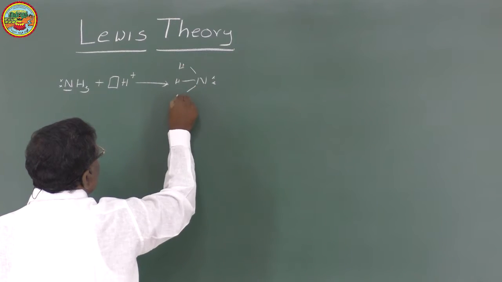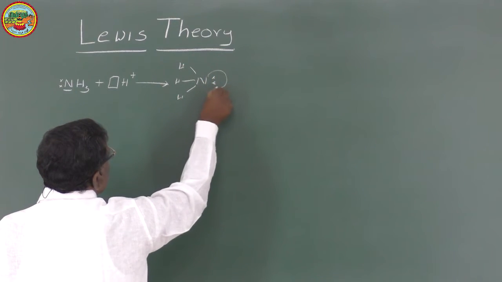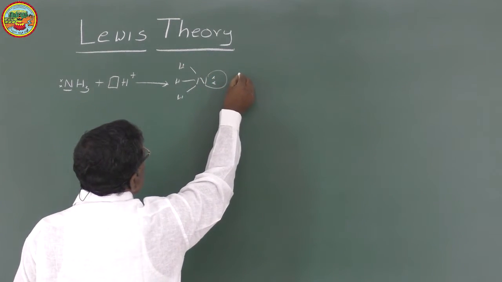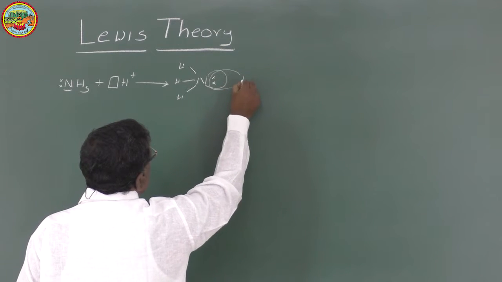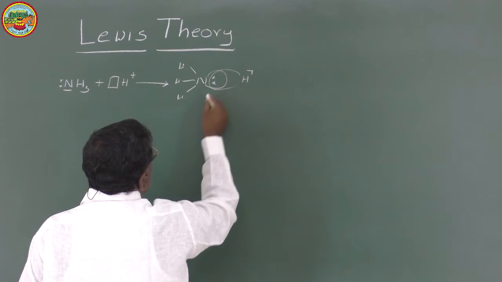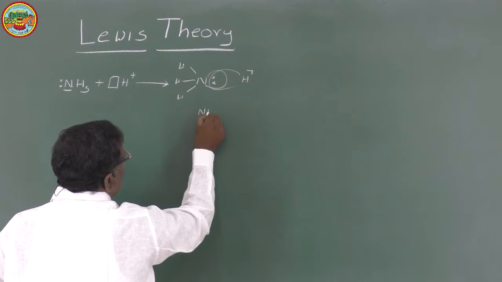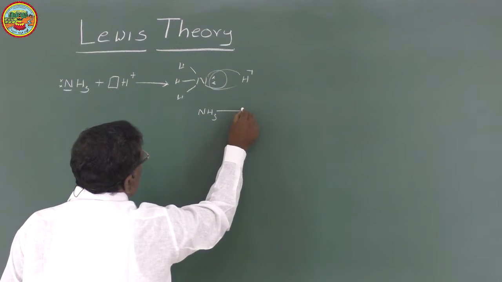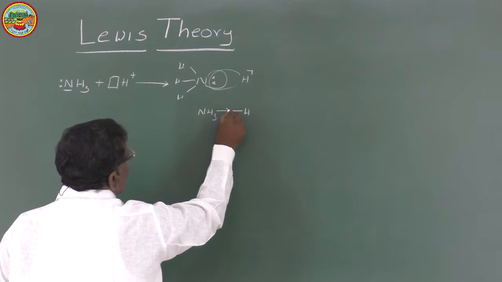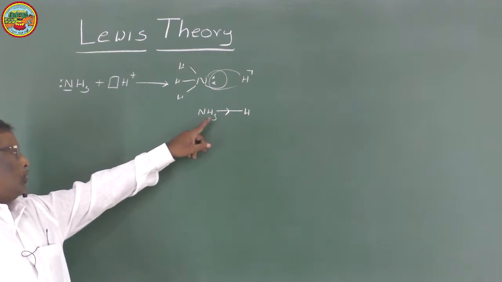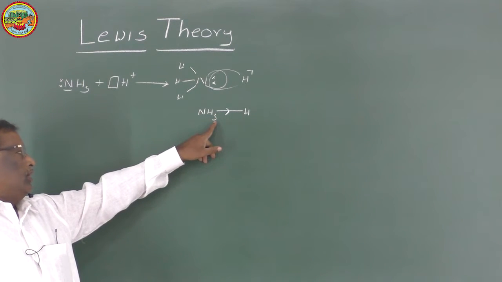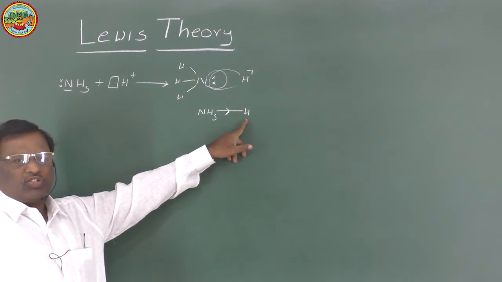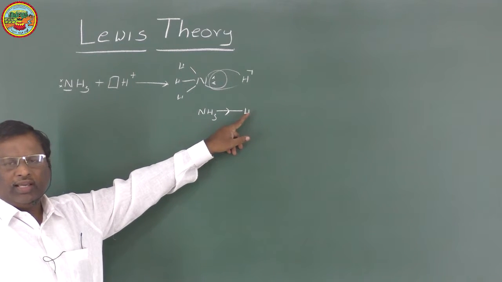This is NH3, one pair of electrons is present here, and hydrogen has an empty orbital. These two will form a covalent coordinate bond, and this bond is denoted with this arrow, showing from donor to acceptor.